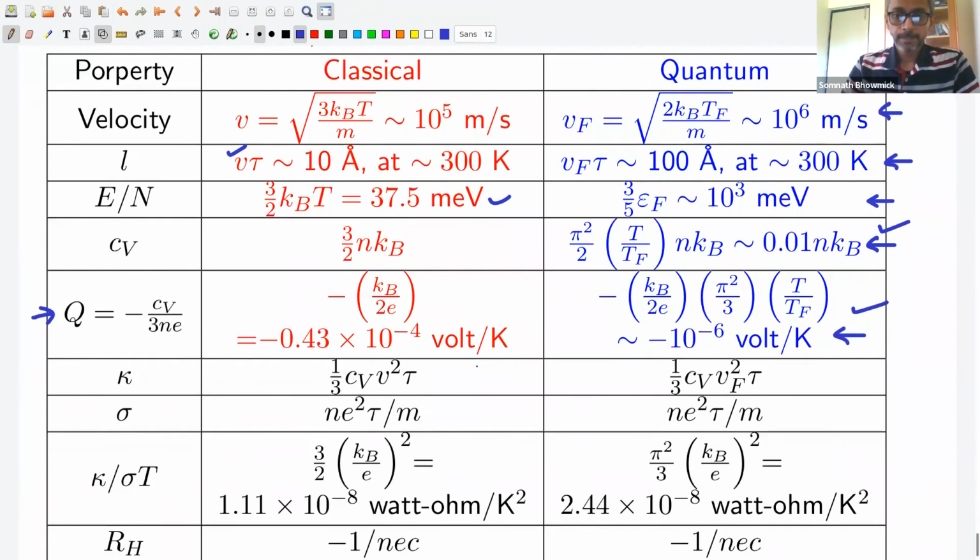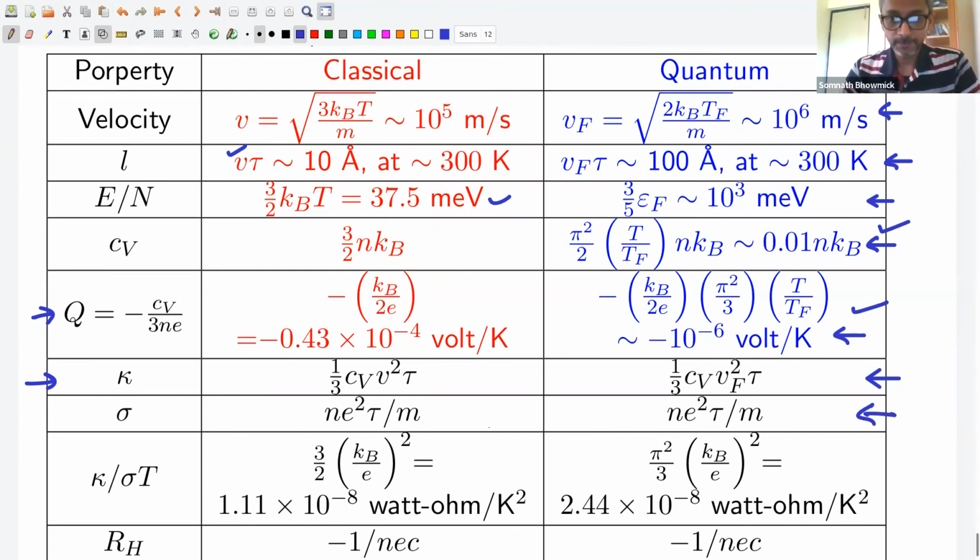Now, the next term is the thermal conductivity. And thermal conductivity in case of quantum and classical model are the same. But this happens because the error in calculating the factor of C_V and the error in calculating the factor v² cancel out, and that is why kappa is the same in the classical and quantum model.